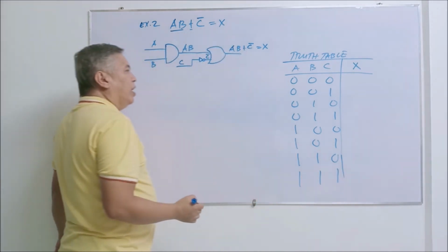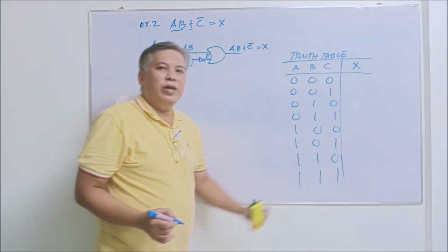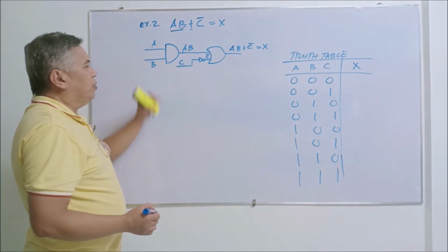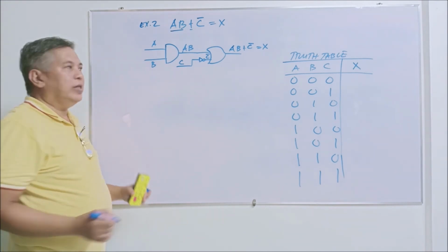So what are the values of your X with these particular values of A, B, and C? So again, we have to substitute the values of A, B, and C into our logical circuit.